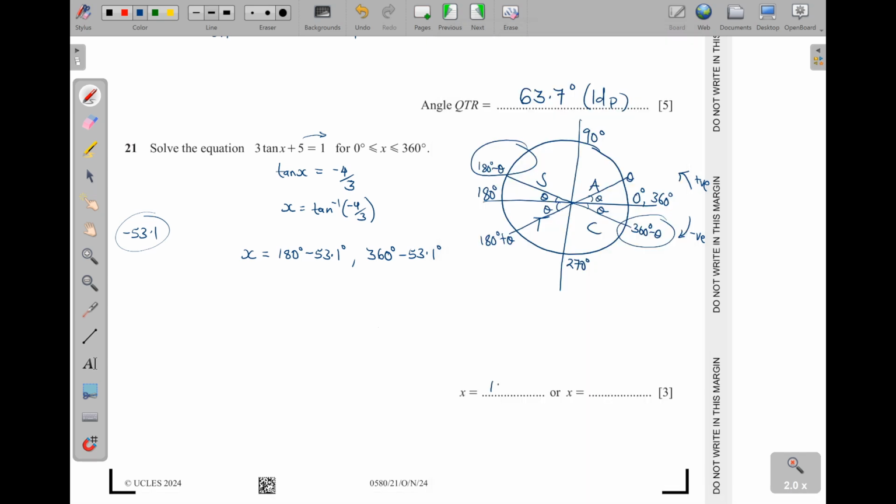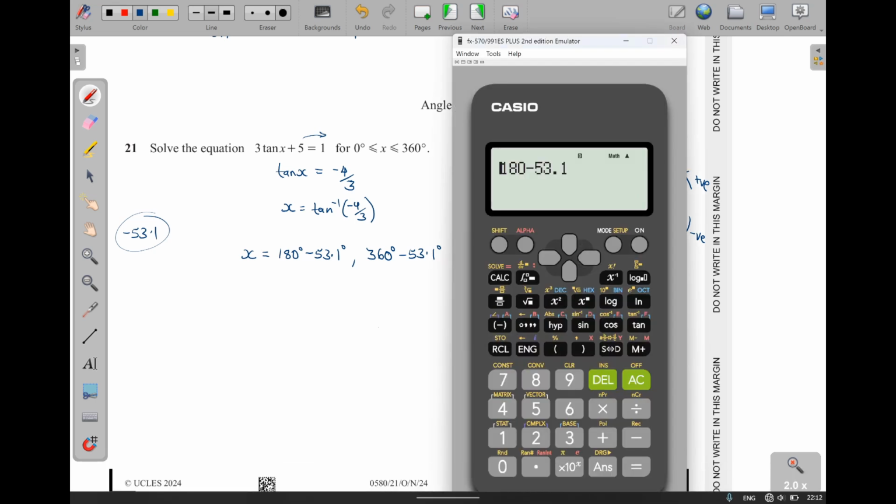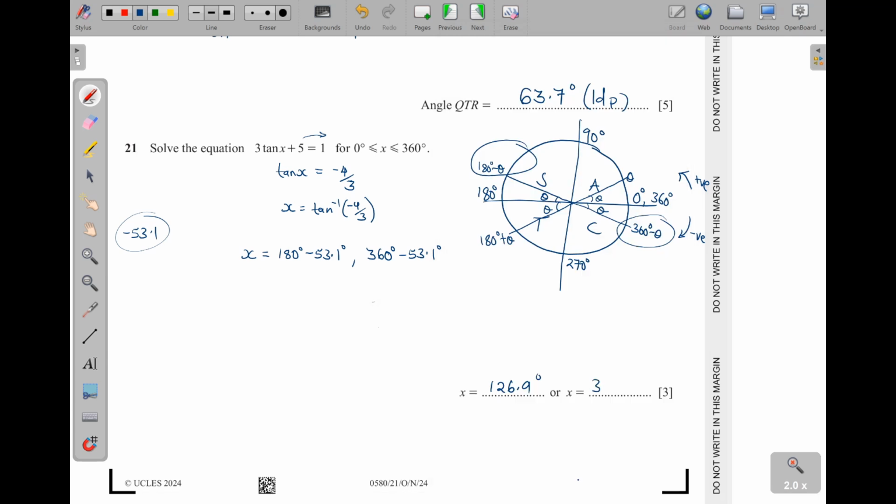So I'll write 126.9 degrees. Then the other one is 360 minus 53.1, which is 306.9. Now these are the answers which fall within this interval.